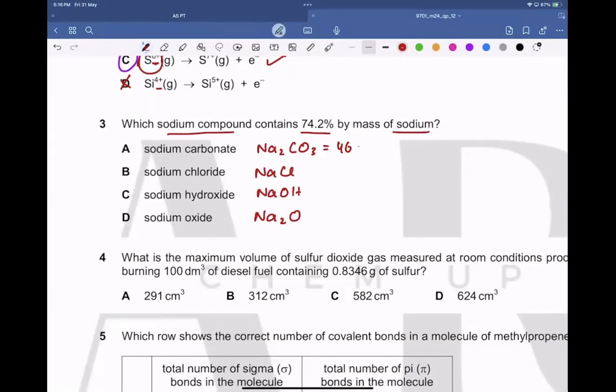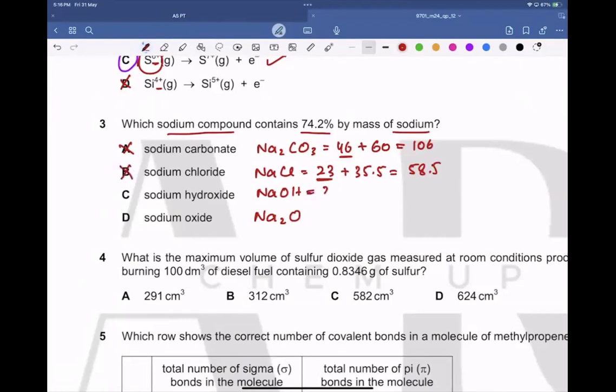Over here, sodium is 23 and chlorine is 35.5. So see, it's again less than 50%. The MR over here is 58.5, so sodium is less than 50% of this, so B goes wrong as well.